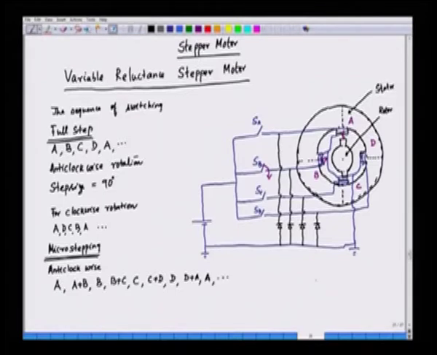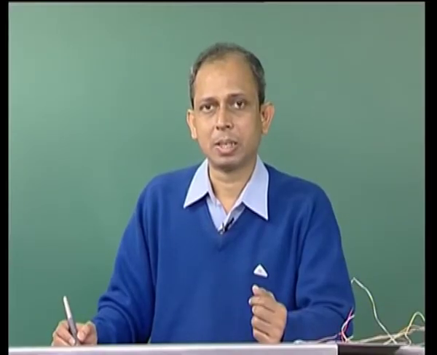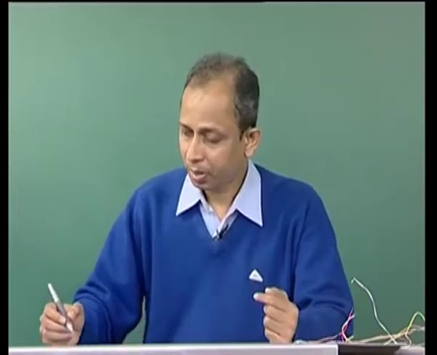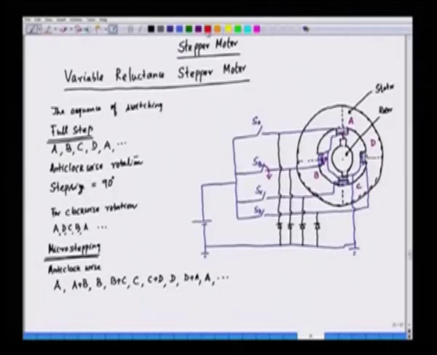Now, if we do that, the MMF will have an intermediate step. When we excite A and then AB, the MMF was originally in A, and then we are exciting both A and B. If we are exciting both A and B, switches SA and SB are closed simultaneously.